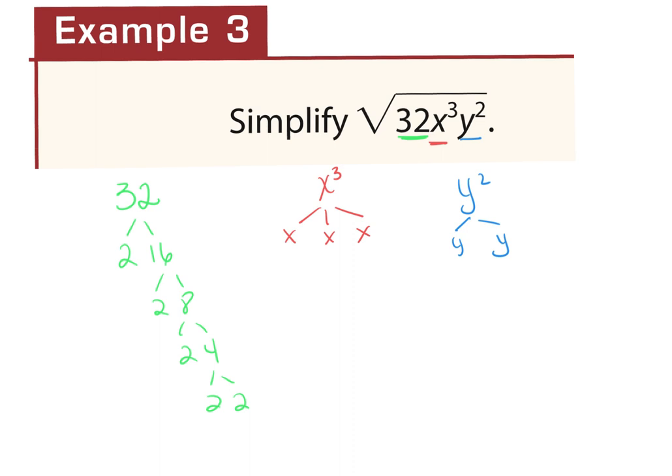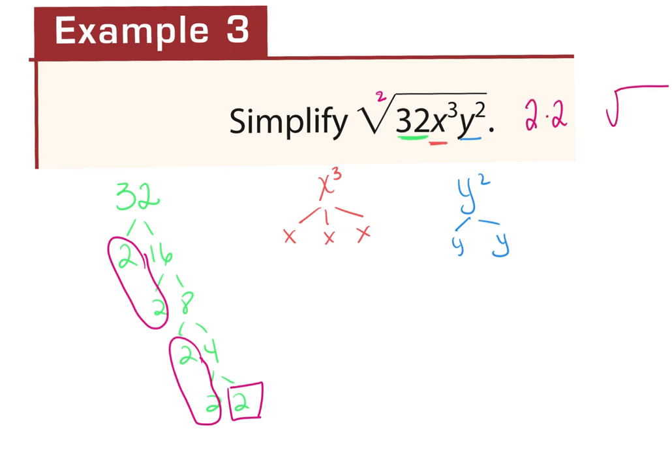The first way is I can treat it just like I do my numbers. For the numbers, I would say, oh, well, here's a pair because my index is 2. Here's another pair, and then that one stays. So for my numbers, I have 2 times 2 on the outside, and I have one of my 2's on the inside. I can do that exact same method for my variables.